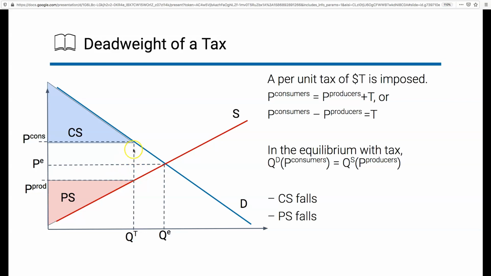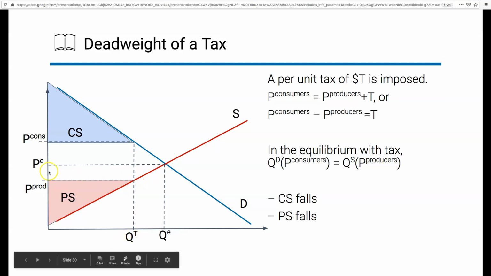So what happens to the surplus that is in this white area, the surplus that used to belong to consumers and producers? Well, part of that surplus goes to the government in the form of tax revenue. Recall that once the government introduces the tax, the amount traded in the market corresponds to QT.